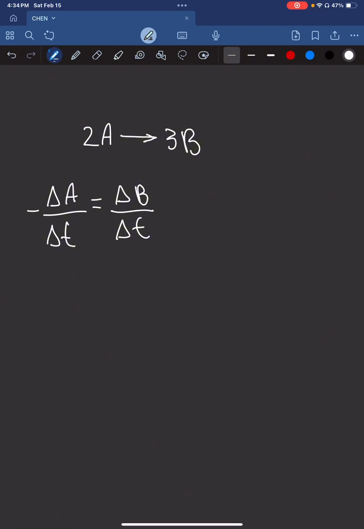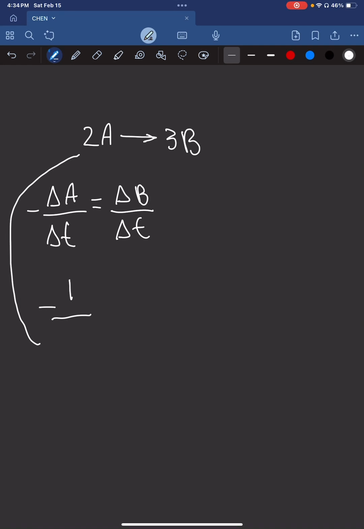The rate is actually going to be different comparatively. So in this scenario, we have it like this. It would be a fraction: negative 1 over whatever the stoichiometric value is, or the coefficient.